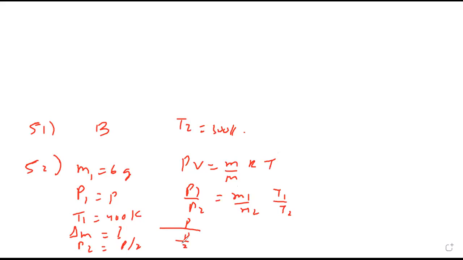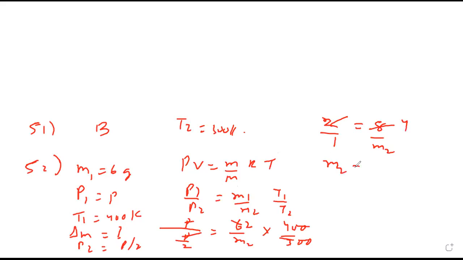P upon P by 2 is 6 upon M2 into 400 upon 300. 3 into 2 is 6, P cancels, this 2 goes up. 2 upon 1 is 8 upon M2. Therefore M2 is 4 grams. So mass leaked is first mass minus second mass. 6 minus 4, 2 gram. Mass leaked is 2 gram option.